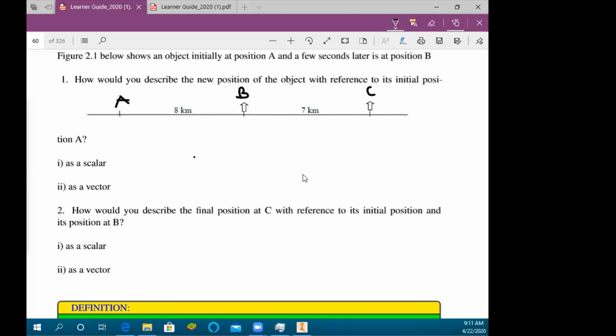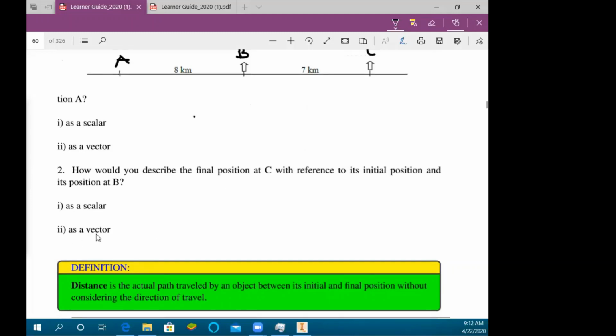Which is 15 kilometers, a distance of 15 kilometers from point A to C. Yes. With reference to position B, it has traveled 7 kilometers. So the distance is 7 kilometers.